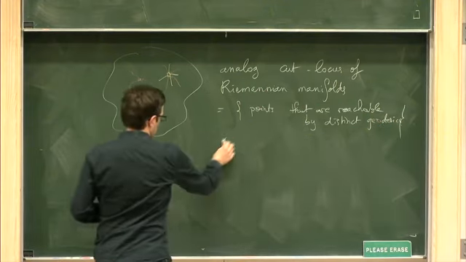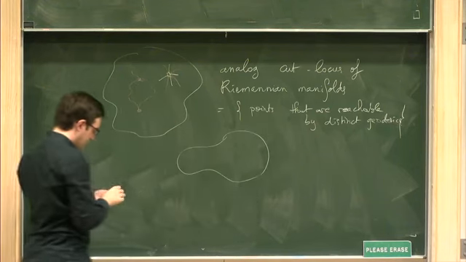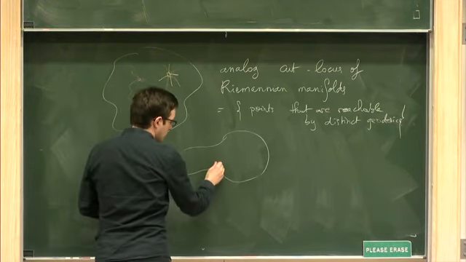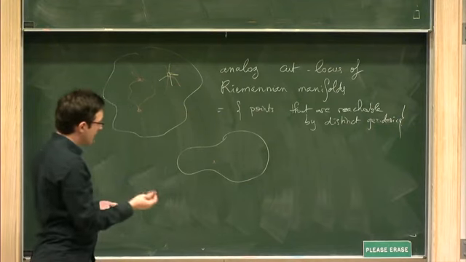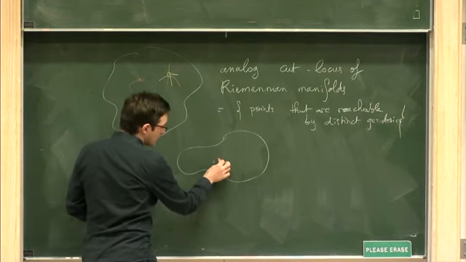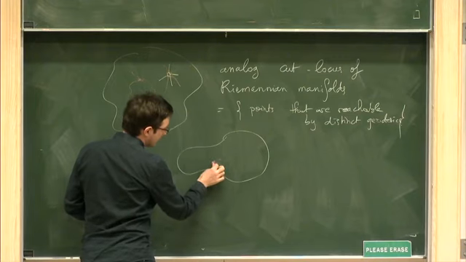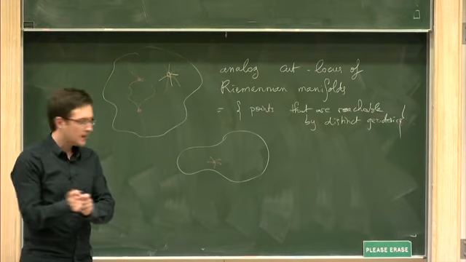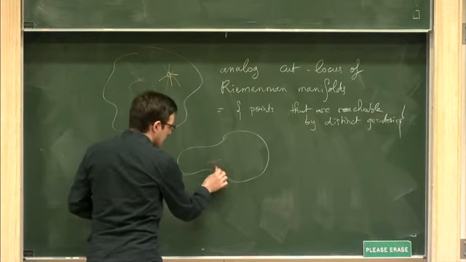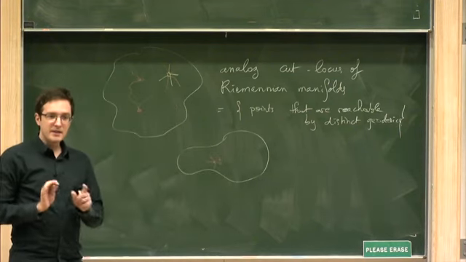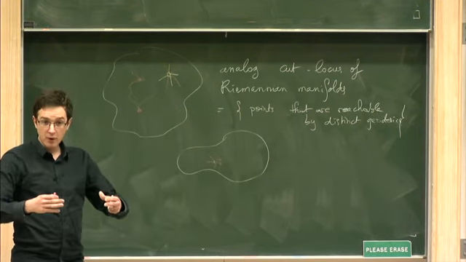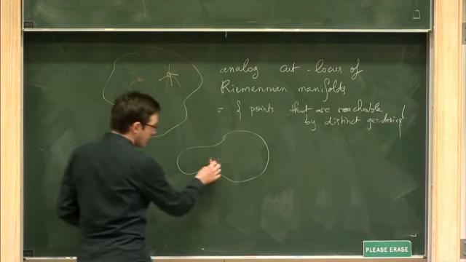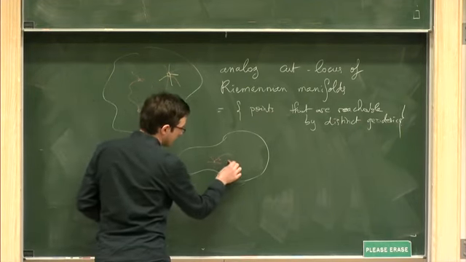In a general Riemannian manifold, starting from a given point, you can define the exponential map that draws all the possible geodesics starting from that point. Essentially, you just give a direction, and for some time, all the geodesics will be completely disjoint, up to a certain point, which is called the injectivity radius, where the geodesics start meeting.